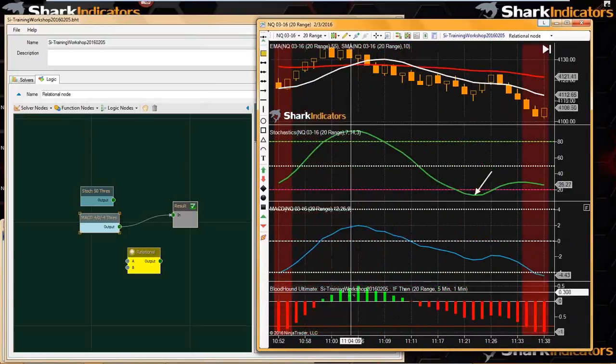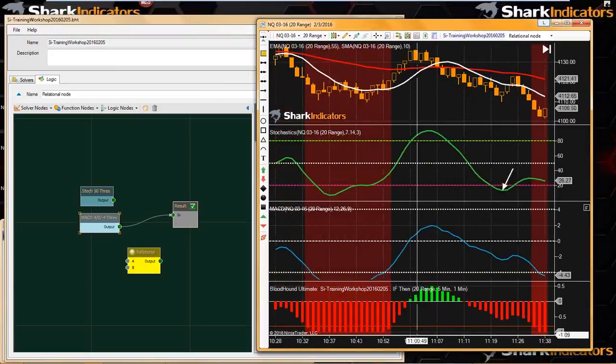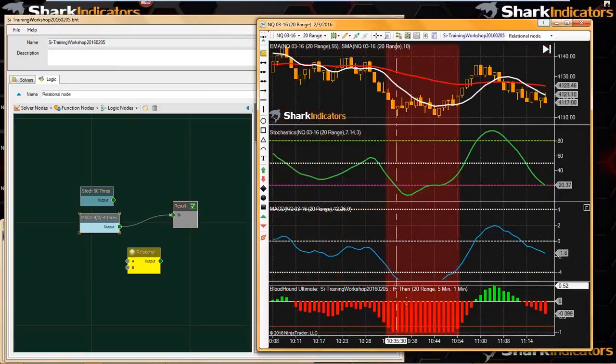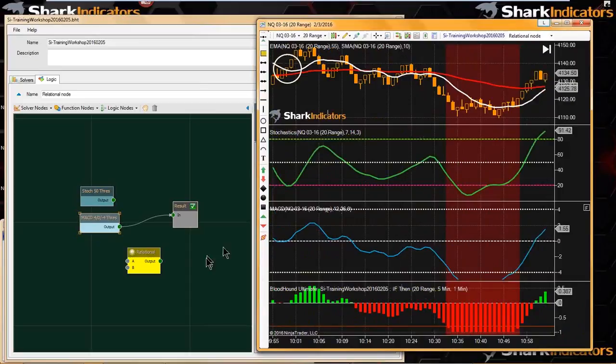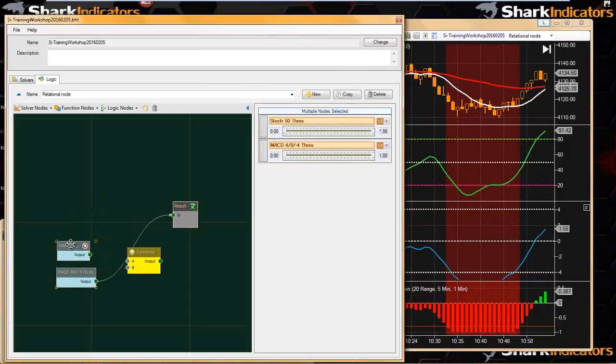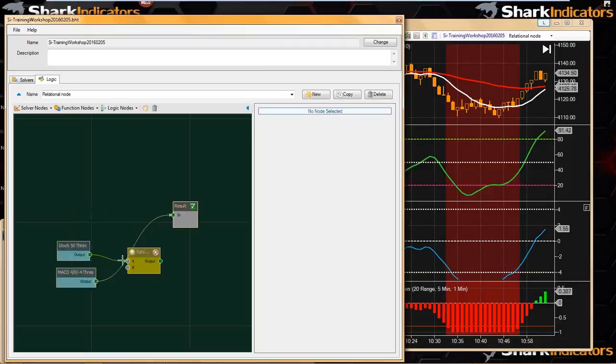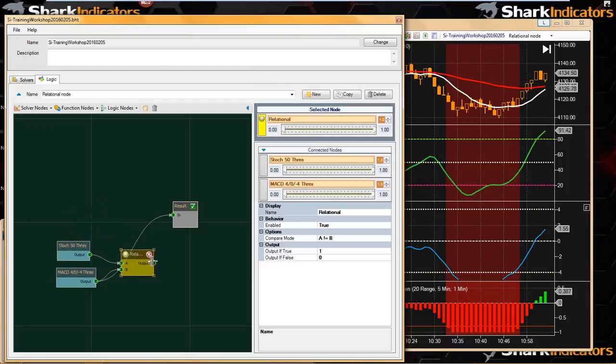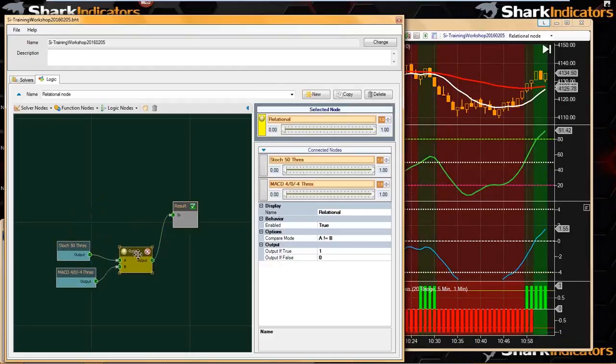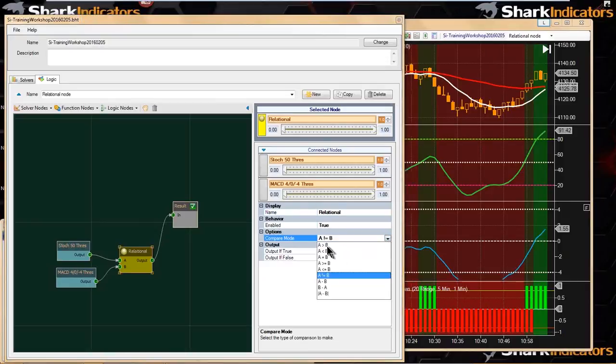So I've got a couple of fuzzy logic solvers here, and these will help demonstrate how the relational node is going to work. Let's do a simple one.